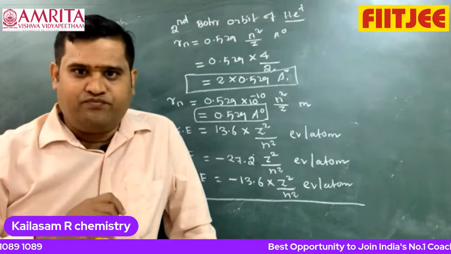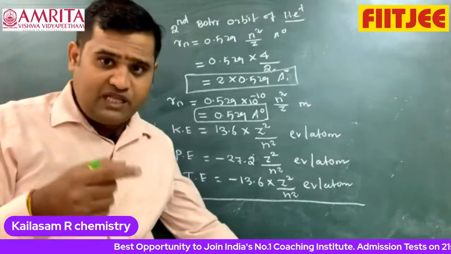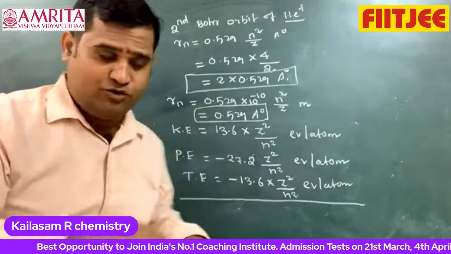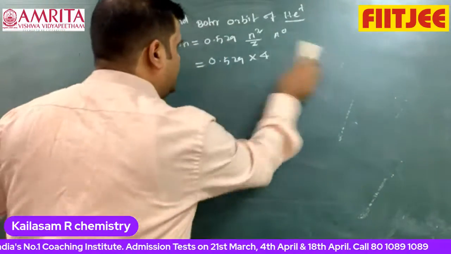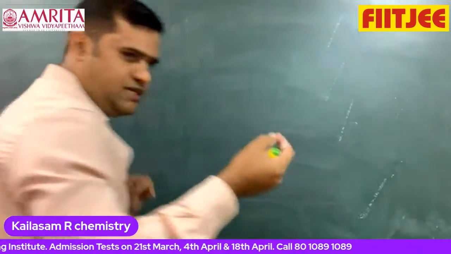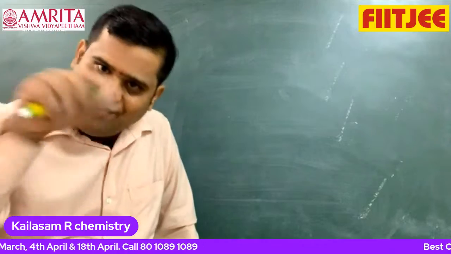And one more thing. Listen, I'll give one question, and from there I'll make one statement. Now, what is the radius of the second Bohr orbit of beryllium 3 plus?